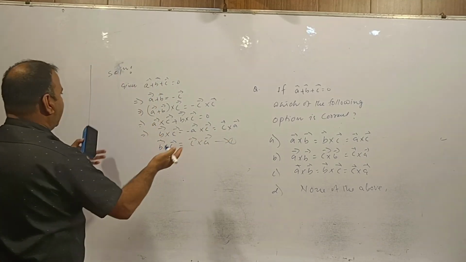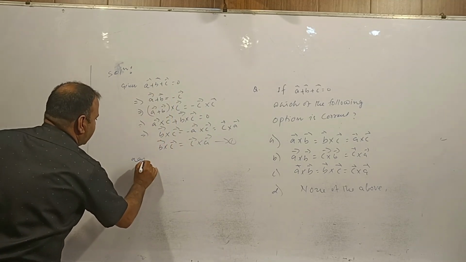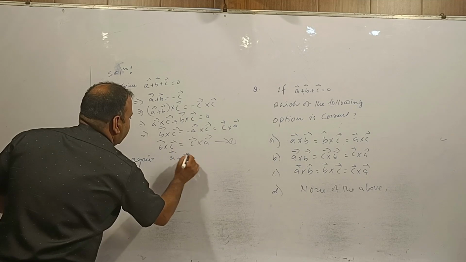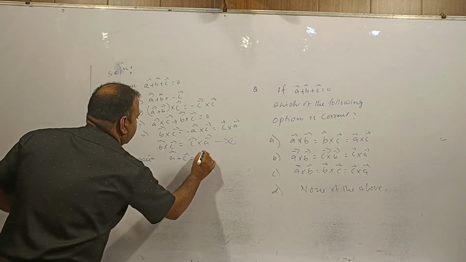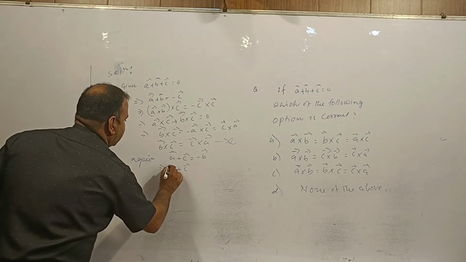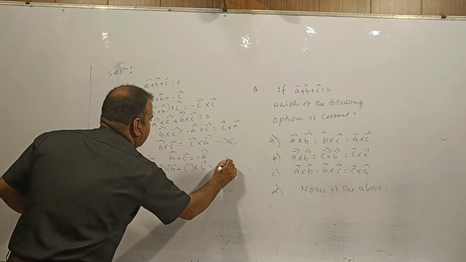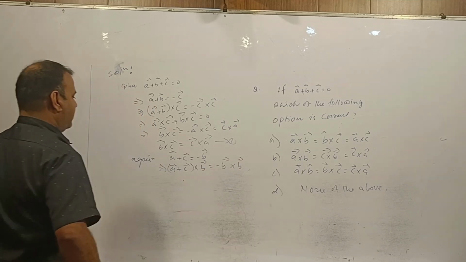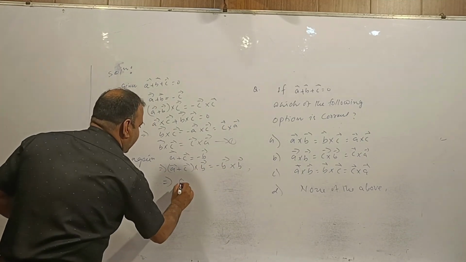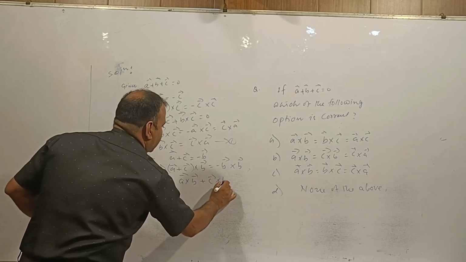Again, A plus C is equal to minus B. Similarly, if you take the cross product of A plus C with B, the right side is minus B cross B, which is 0. So we can write A cross B plus C cross B is equal to 0.